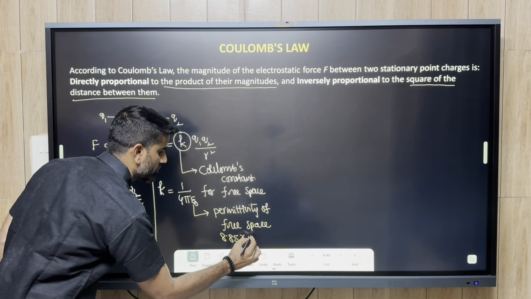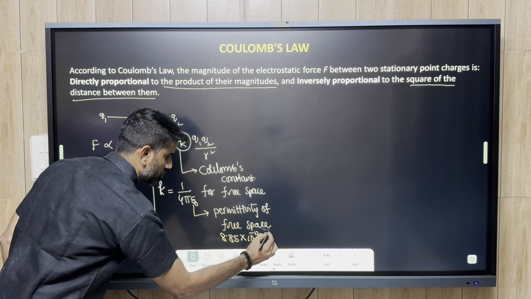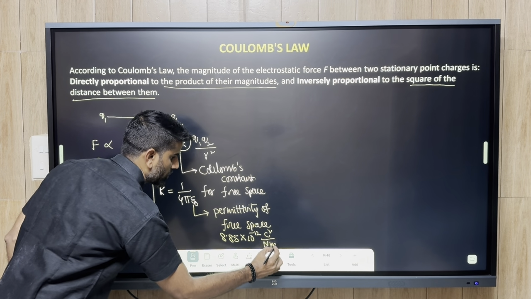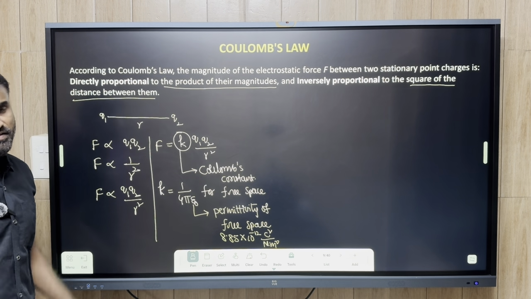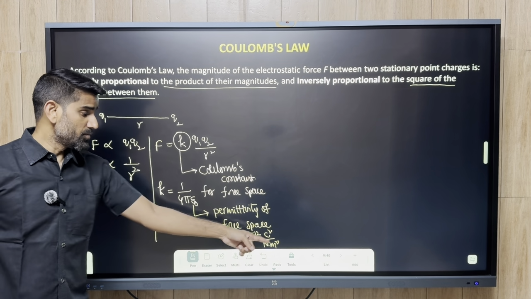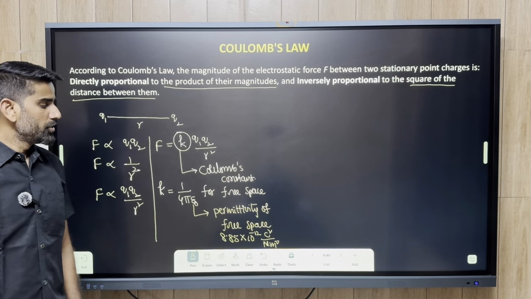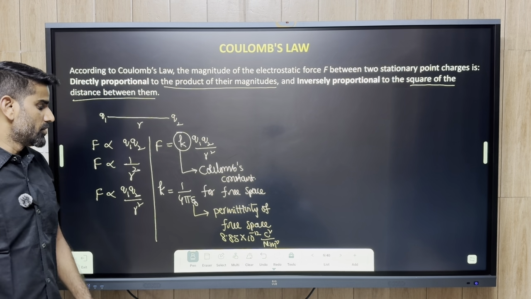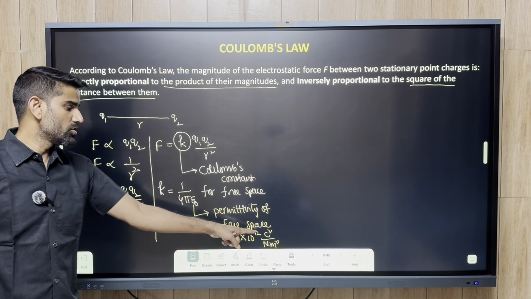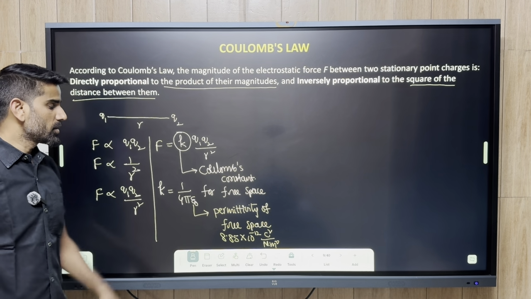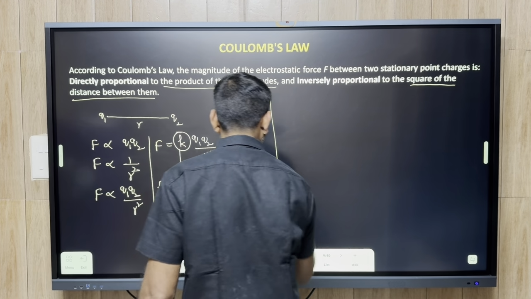Its value is 8.85 times 10 to the minus 12 Coulomb square per Newton meter square. So this is a constant which has units, Coulomb square per Newton meter square. If I substitute this epsilon naught value, 8.85 into 10 to the power minus 12, what do I get for the K value?